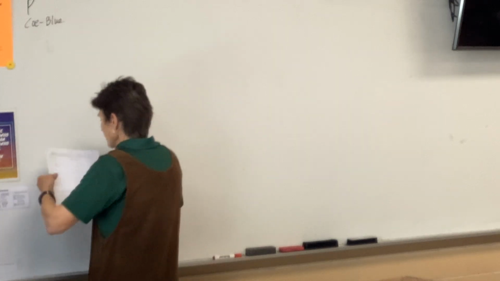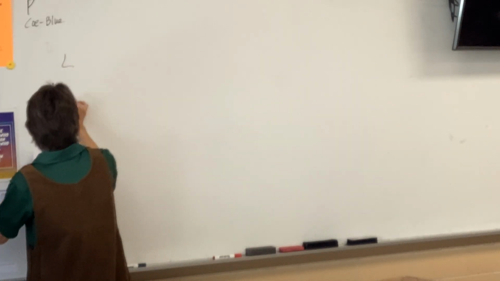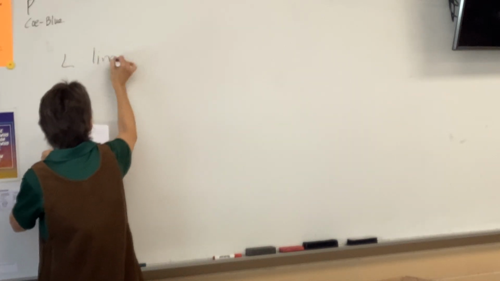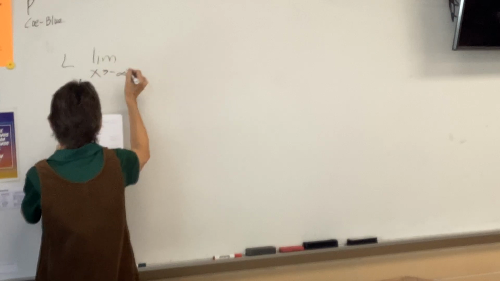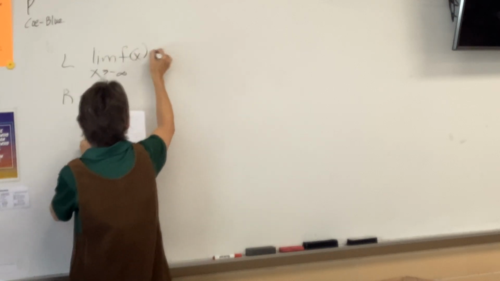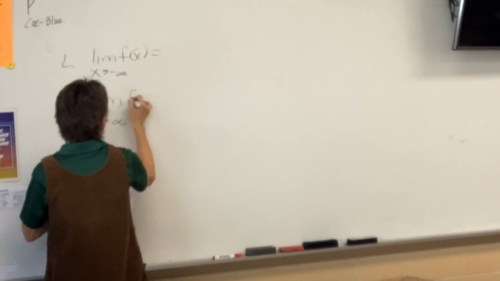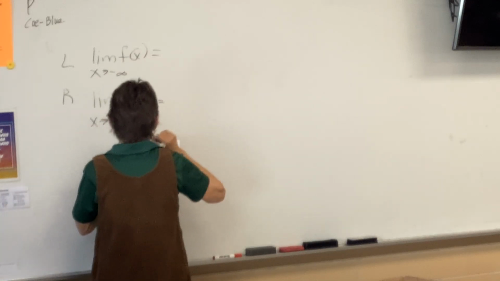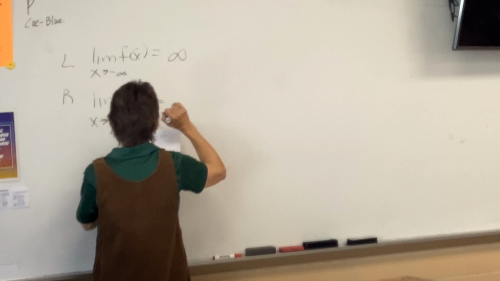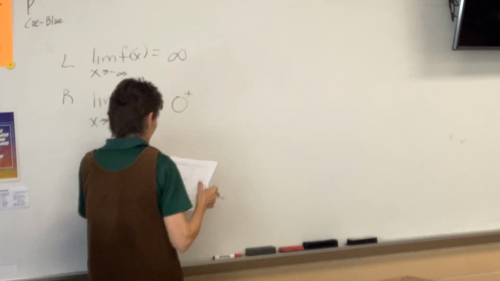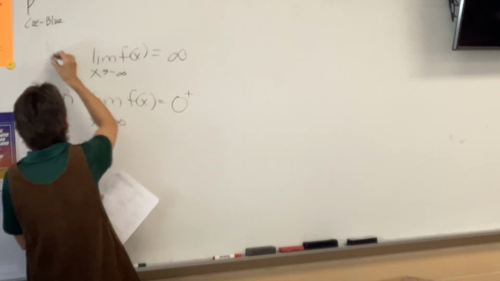So I'll do the first one so you get what you're supposed to be doing. The limit as x approaches negative infinity of f of x. So the first one on the left is infinity and on the right is 0 from the top, right? So I just did number 1.